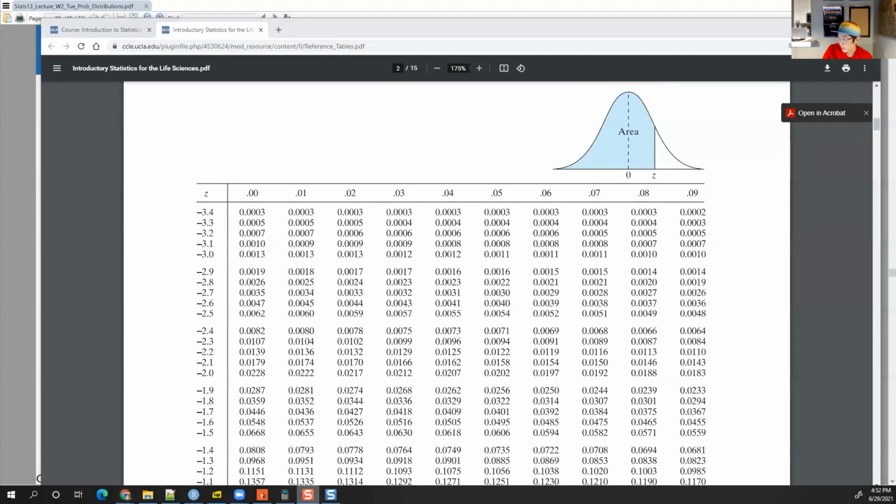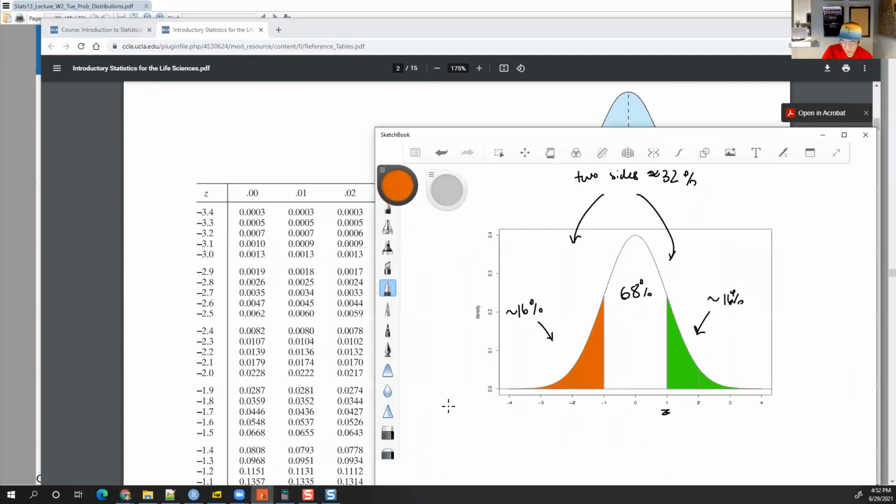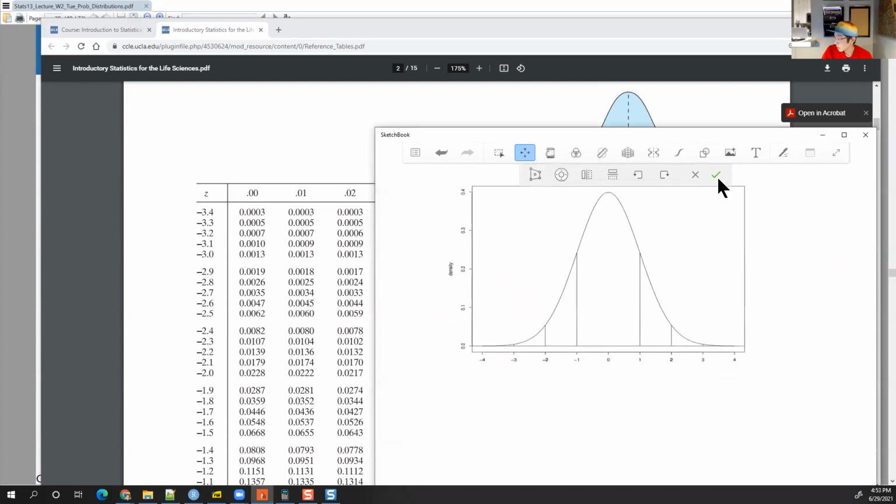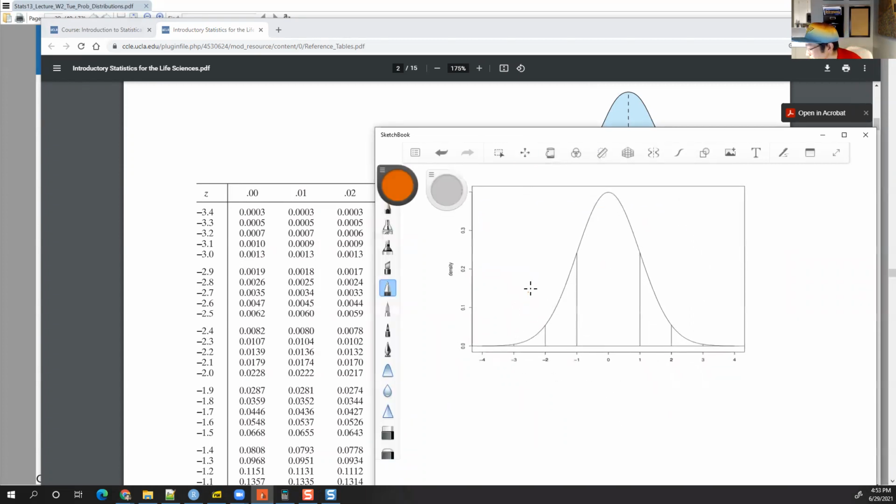This first picture is basically saying, if you draw a line at negative 3.40 and shade this tiny little sliver over here, the amount shaded is equal to 0.0003.